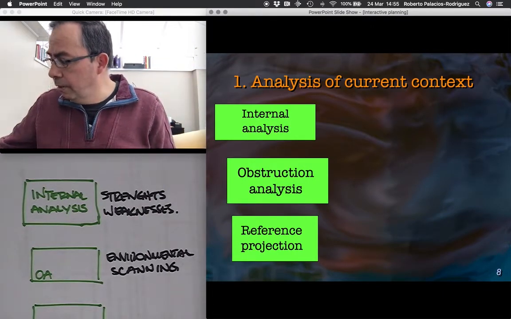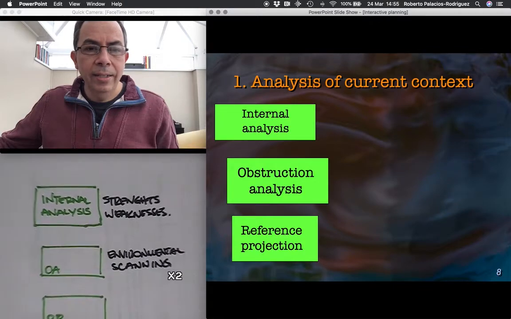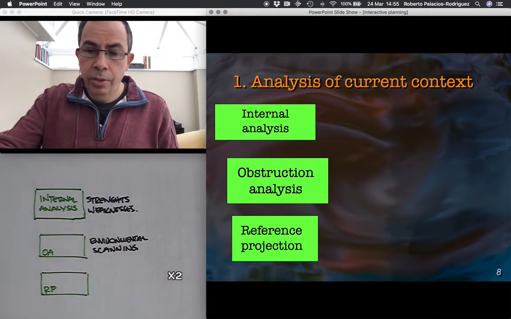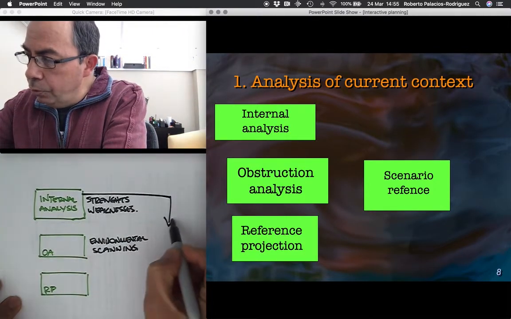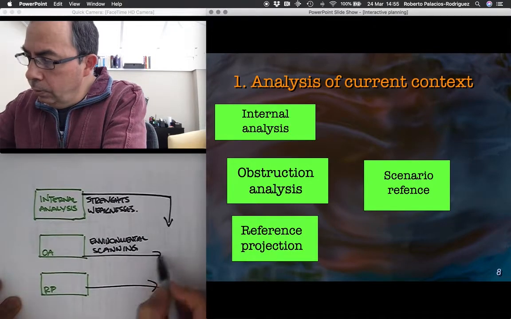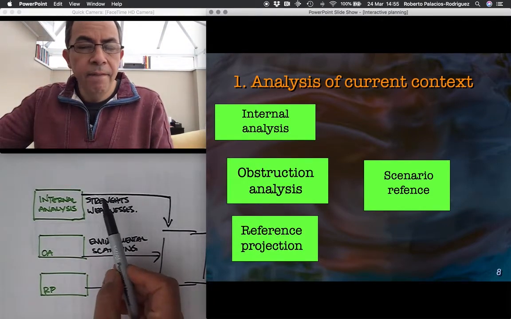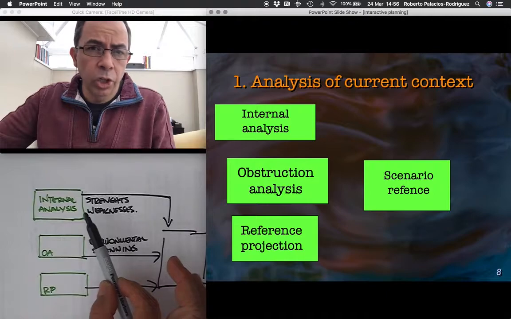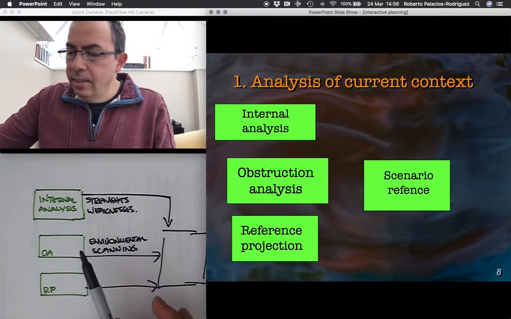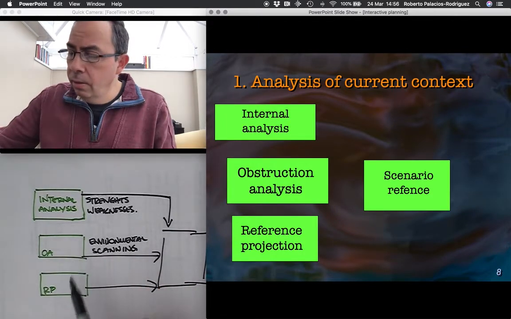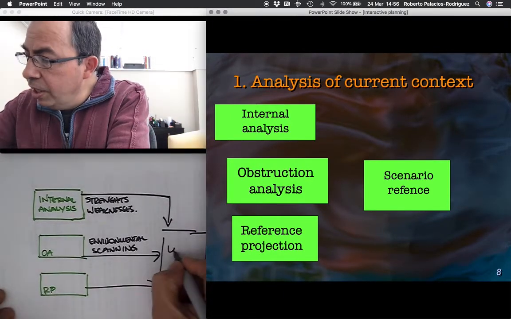So using all those activities, all those different components of this first stage, you can create, using the 3 of them, this scenario of reference, which is the logical future. Based on the strengths that I have, based on the weaknesses that we have as an organization, as a family, as a company, as a political party, based on what is going on in the environment and the trends that we're seeing, what is the logical future?